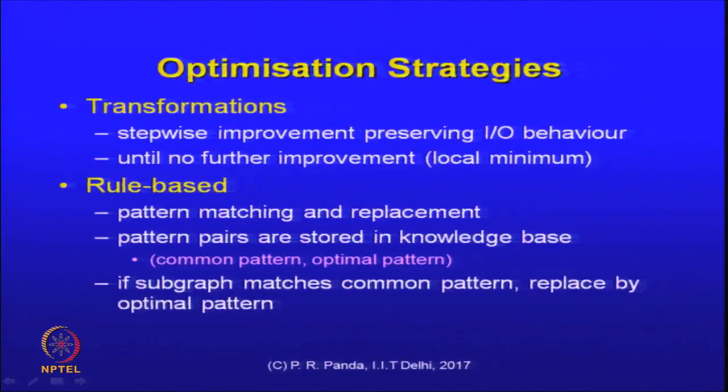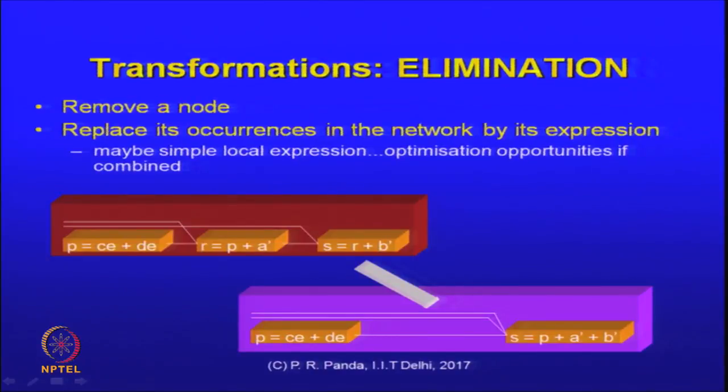It may be that the number of nodes here is actually very small. So, you could afford a little more exhaustive pattern matching strategies, because the subgraphs are not large. Let us take a look at a bunch of these transformations. Again, each of them independently is actually very simple.